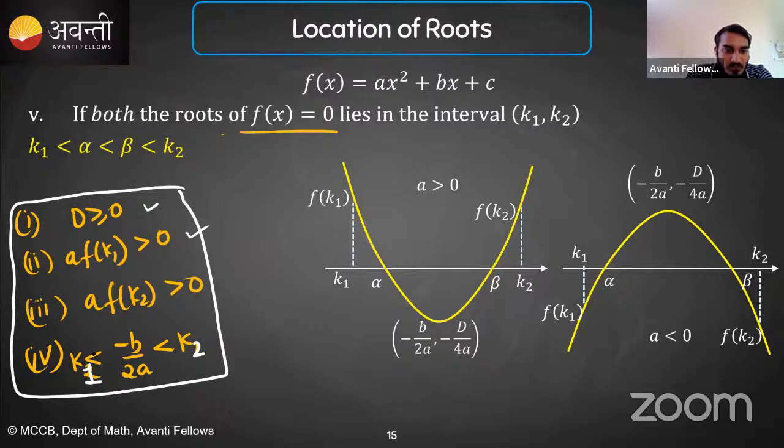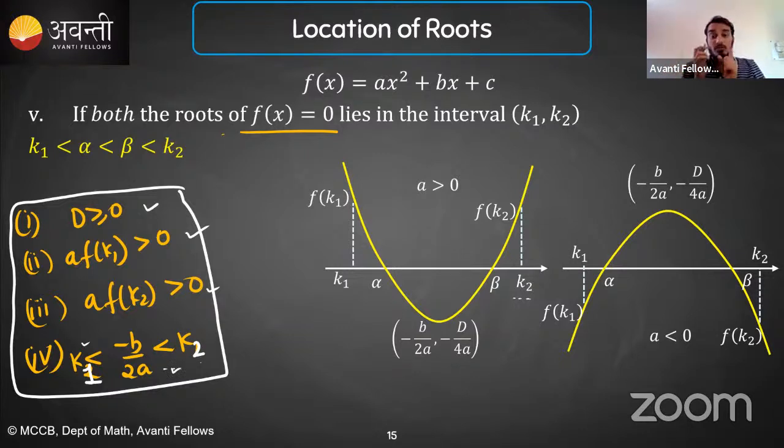Now again, if both roots are less than k2, then D positive, a into f of k2 positive, and minus b by 2a should be less than k2. So we have used all the conditions.